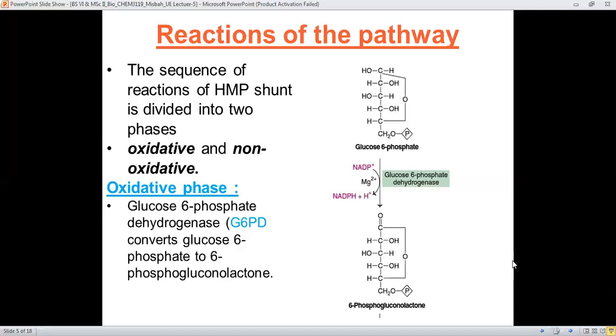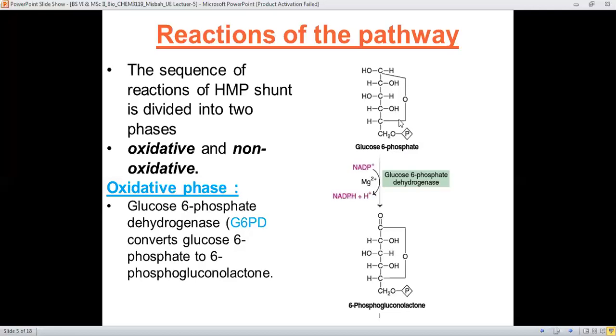The first reaction acts on the glucose. The first enzyme acts on the substrate, which is glucose 6 phosphate, and the name of the enzyme is glucose 6 phosphate dehydrogenase. You can see the structure of glucose 6 phosphate, in which the phosphate group is present at the sixth position.